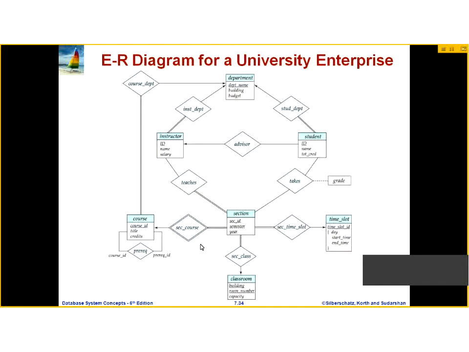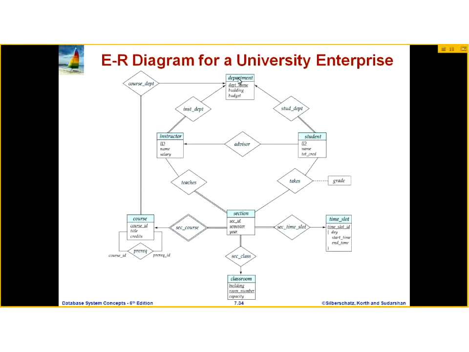In all the diamonds you can see the relationships, like the course-department relationship between course and department, the department relationship between instructor and department, the teaches relationship between instructor and section, the advisor relationship between student and instructor, and the takes relationship between section and student, with an added attribute, grade.